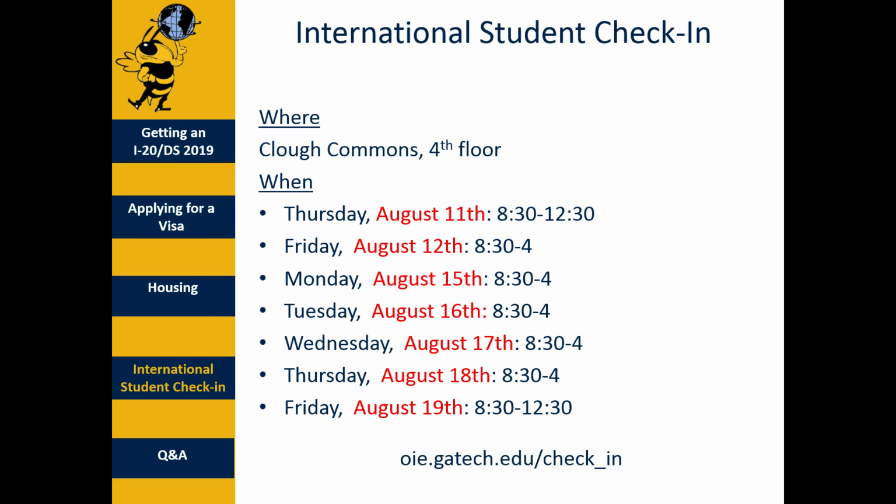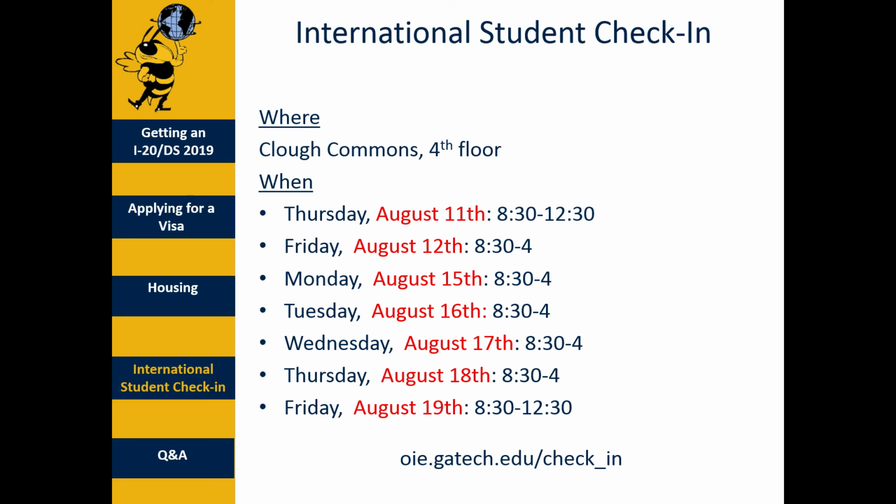So F1 students are only eligible for a Social Security number if you are eligible for employment and you have a job. So this webinar isn't really the best place to talk about all of the different types of employment authorization, but rest assured, unless you have a GRA or a GTA or some kind of on-campus job, you will not have the ability to have work authorization until you've been enrolled at Georgia Tech for the fall semester and the spring semester.